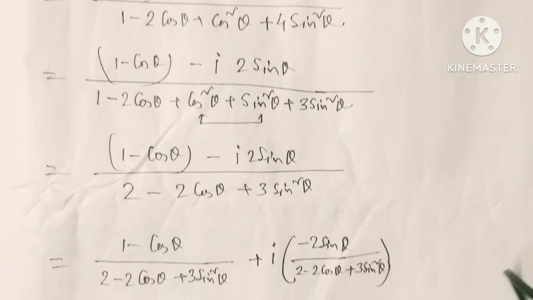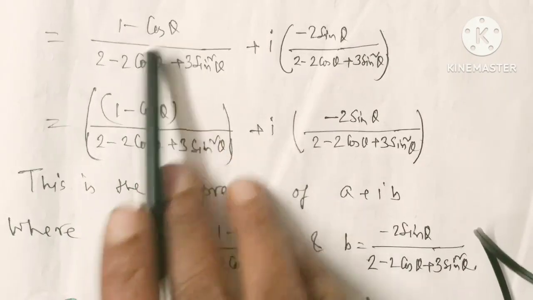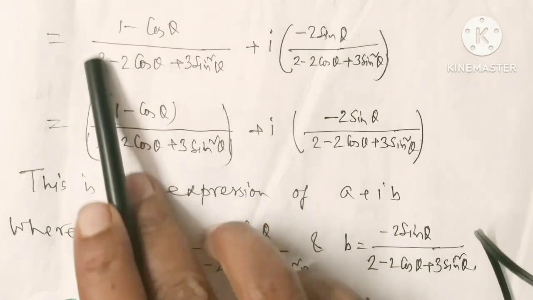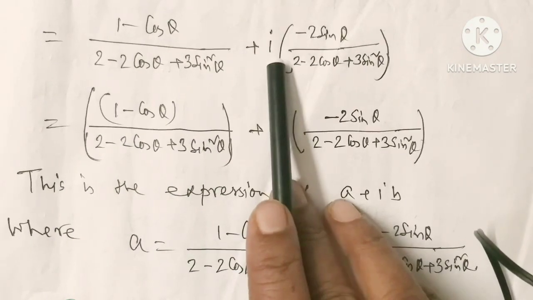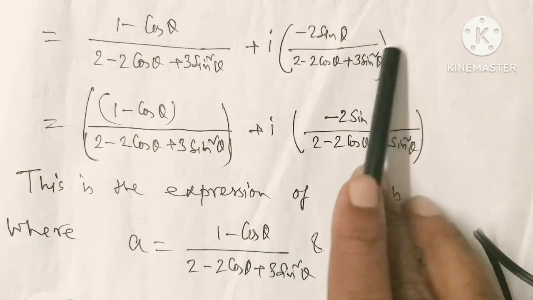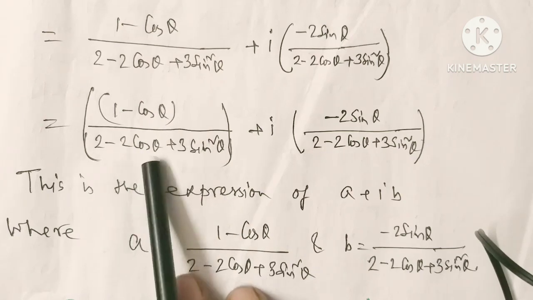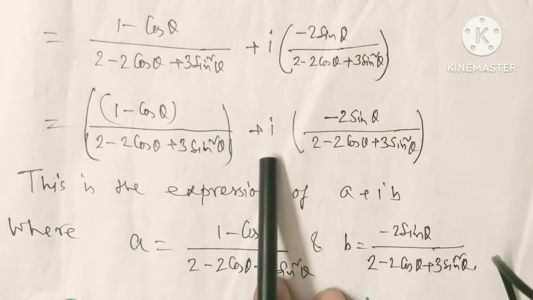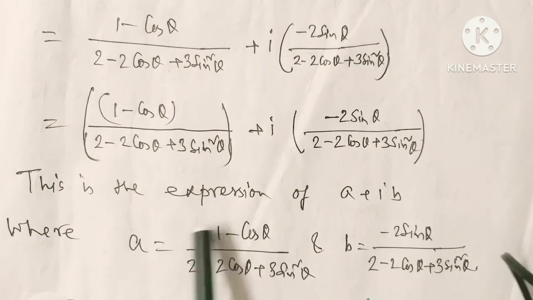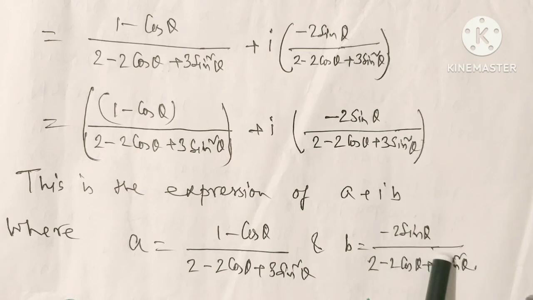This denominator is i-free, and now we can express (1 minus cos theta) by (2 minus 2 cos theta plus 3 sin square theta). This is the a part, and plus i times (minus 2 sin theta) by (2 minus 2 cos theta plus 3 sin square theta), this is the b part. This is the expression of a plus ib, where a equals this and b equals this.